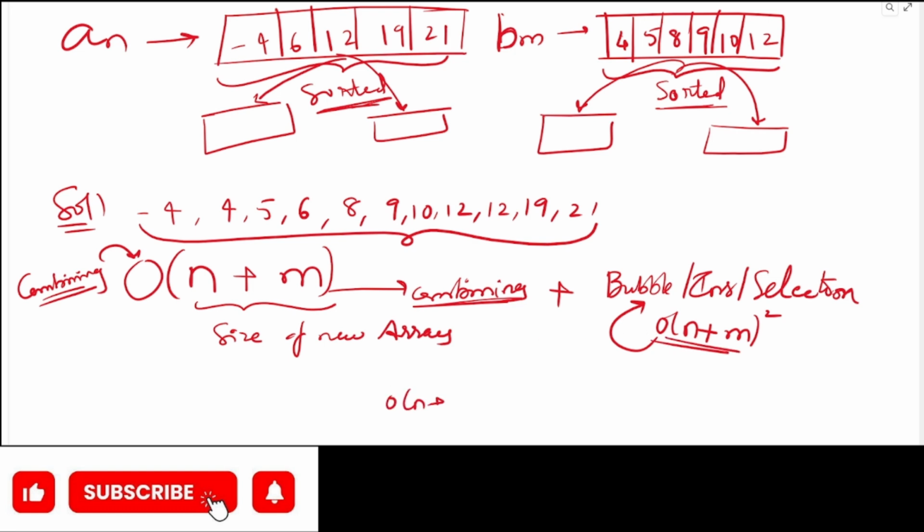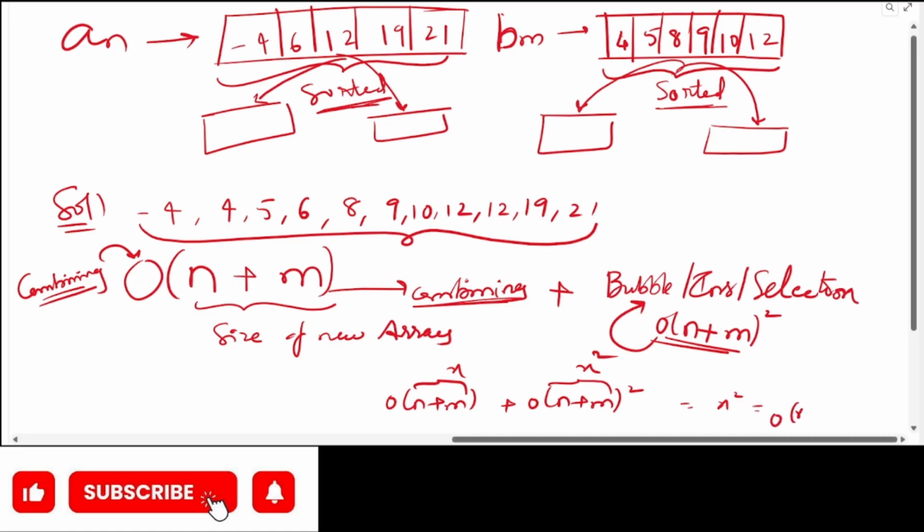So big O of n plus m plus big O of n plus m whole squared. If you consider the first as x, and the second as x squared, which is the greater term? x squared is the greater term. So what will be the answer? Big O of n plus m whole squared. This is the answer that we get.